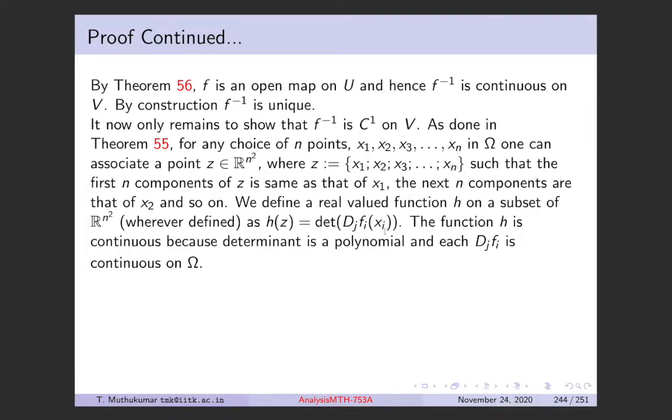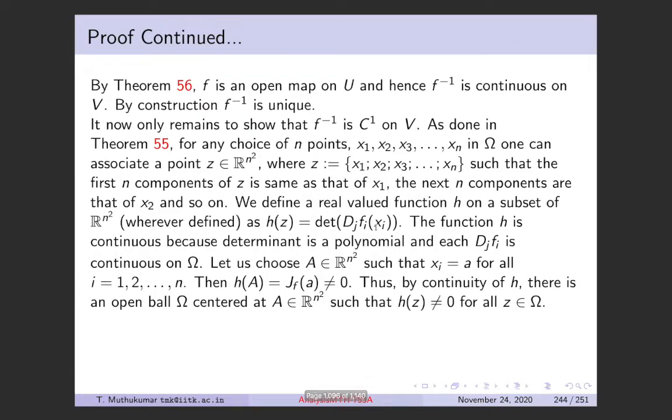And I've already said this is not the Jacobian matrix, right? Because this xi changes in each row. Now this is a continuous function because it's a determinant function, which is a polynomial. Now, like before, you take capital A as the concatenation of the vector A. So you have n squared A, right?